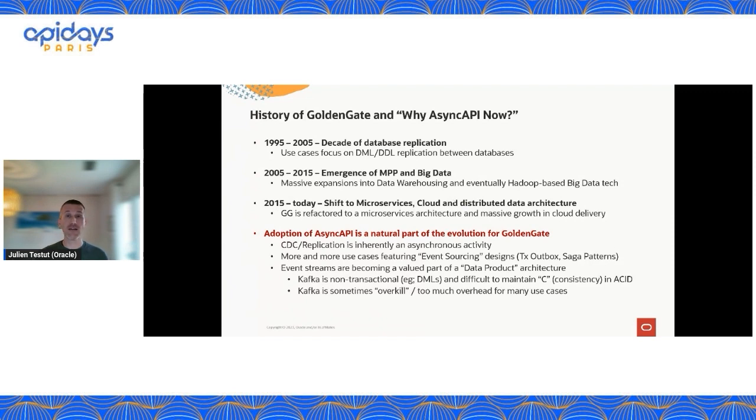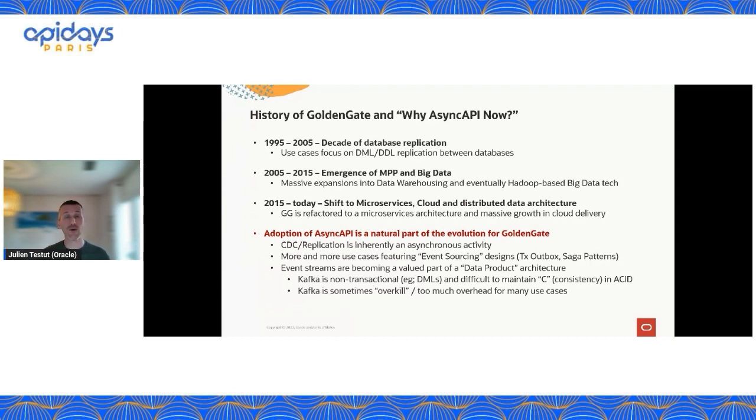And typically they use GoldenGate with a message broker like Kafka, or like ActiveMQ or RabbitMQ. But what we do see are some of the challenges of doing that, because something like Kafka is not transactional. So you're leaving the consumers with the burden of ensuring that the data is consistent, that the data is in the right order.